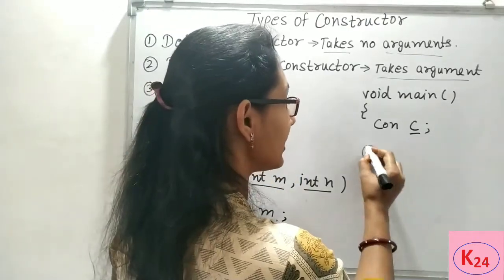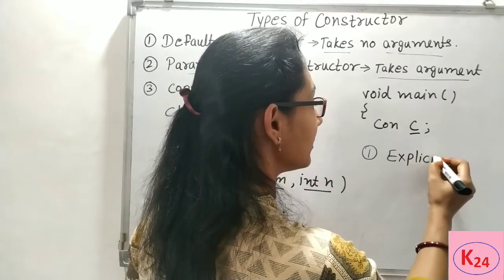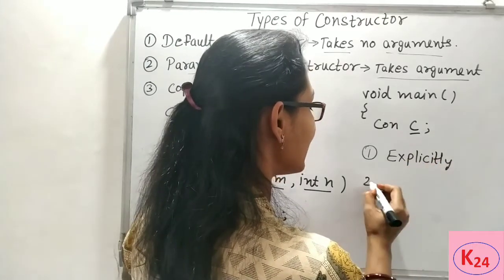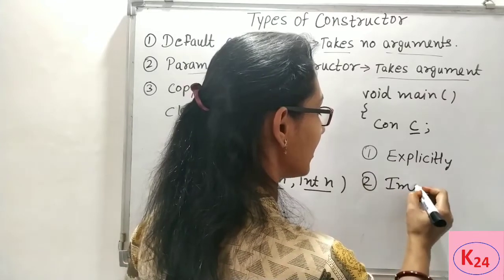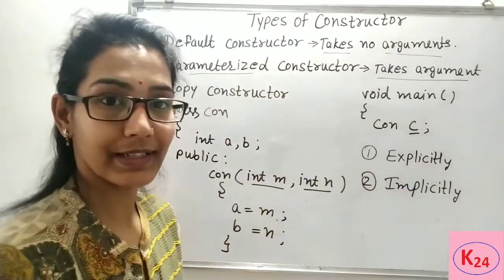The first one is explicitly, and then the second is implicitly. How? Let's see.